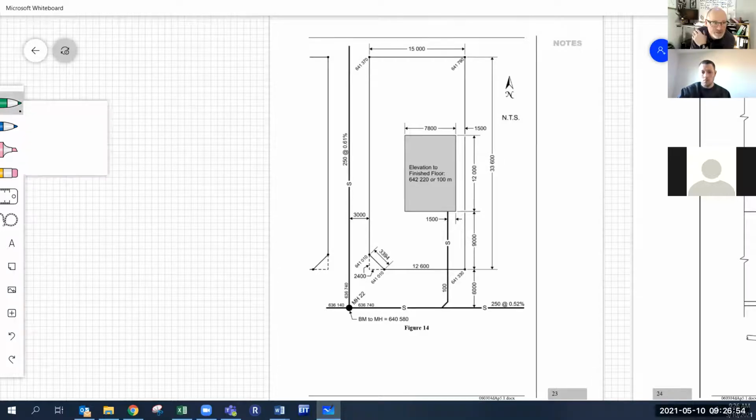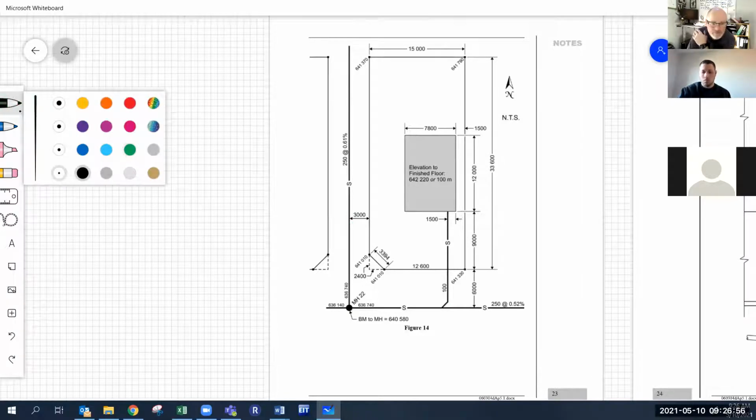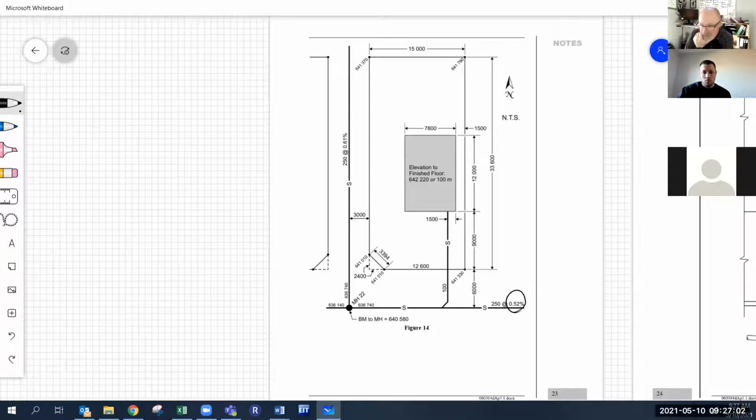Man, my computer is just wonky today. So I'm running at a grade of 0.52%. So my run is 15 meters and my grade is 0.52%.